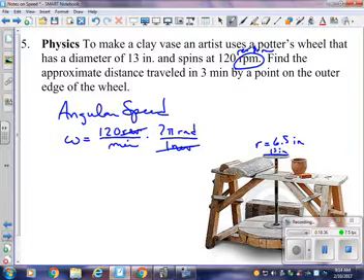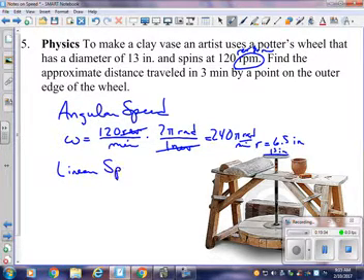The revolutions are going to cancel, giving us 240 pi radians over minutes. That means 120 times around is 240. That's a lot of spiral in there. But then again, we're trying to make a vase, so we want our wheel to turn around a lot.